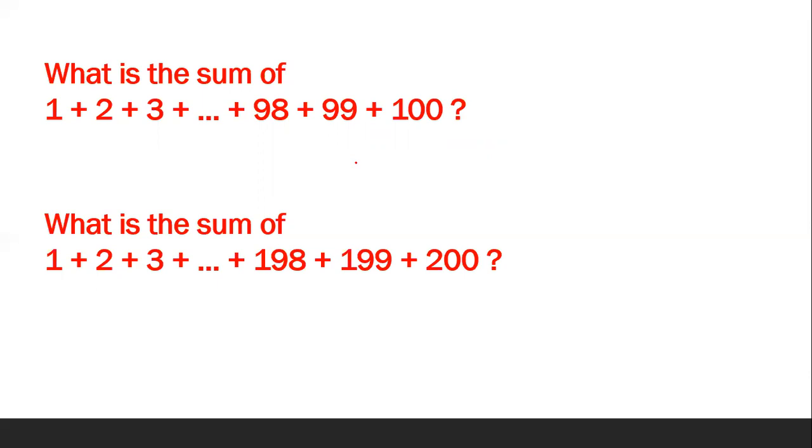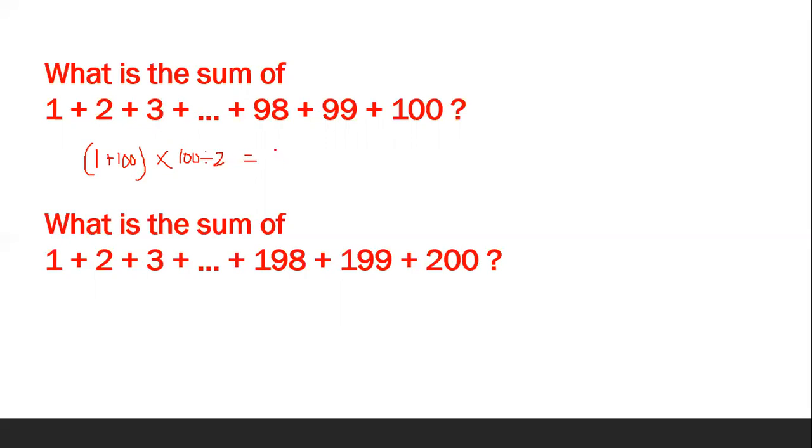Okay, so let's save our time by doing it in a simpler way. Add the first to the last number, 1 plus 100, multiply by the number of numbers, because it is number 1 until number 100. So there are 100 numbers divided by 2.